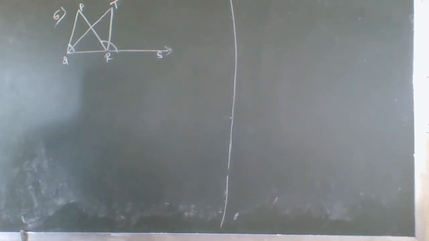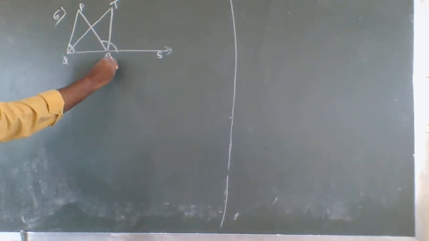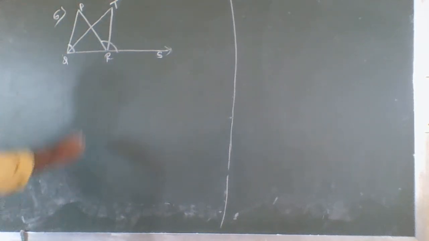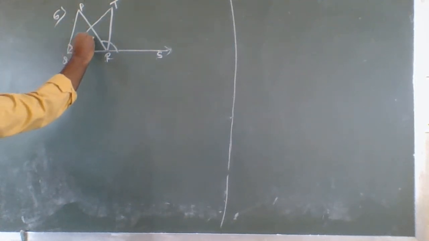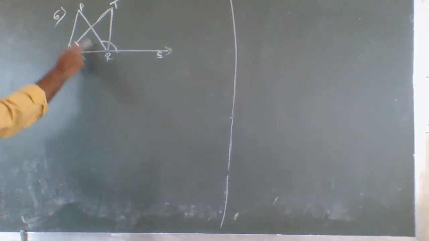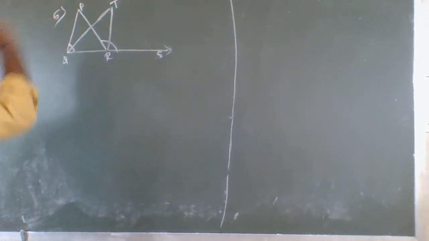This is the diagram they have given, and what they are asking here, in the given figure, the side QR of triangle PQR, this QR, is produced to point S. If the bisectors of angle PQR and PRS meet at point T. So these two are bisectors of angle PQR and PRS meeting at point T.